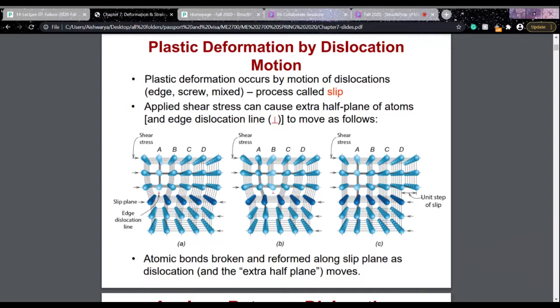Edge dislocation moves by successive and repeated breaking of atomic bonds, shifted by atomic distances of the half plane of atoms. In edge dislocation, the dislocation line and the stress are parallel to each other, whereas in screw dislocation, these directions are perpendicular to each other.